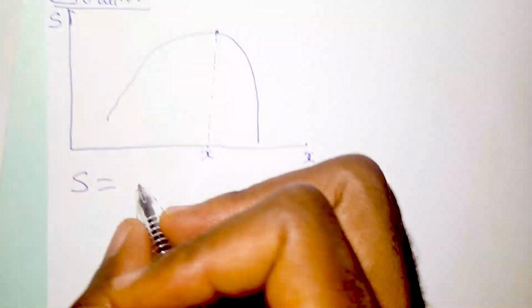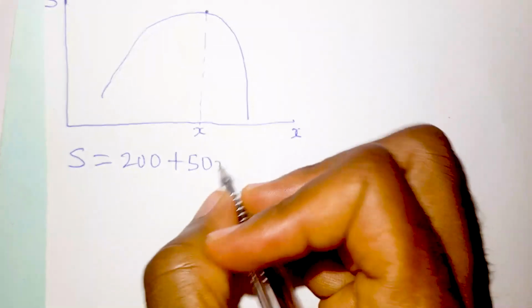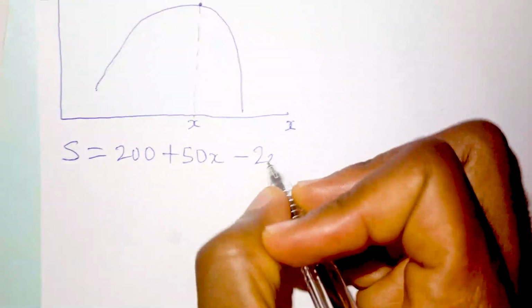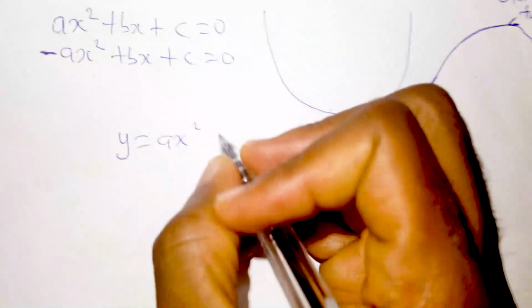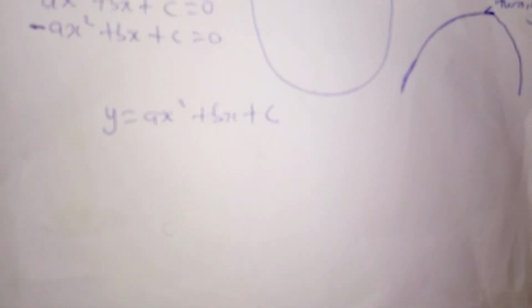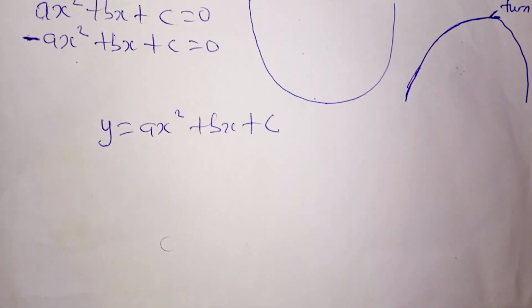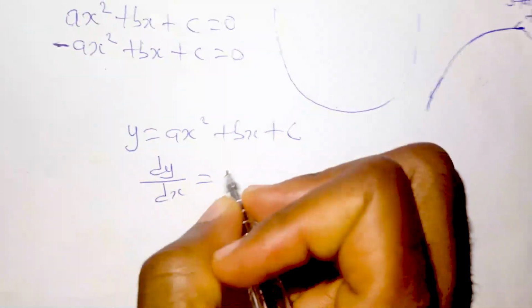What you just do is, the curve we are given here is S equals 200 plus 50x minus 2x squared. So try to note this. For a curve y equals ax squared plus bx plus c, the stationary points or turning points occur at the point where dy/dx is equal to 0.